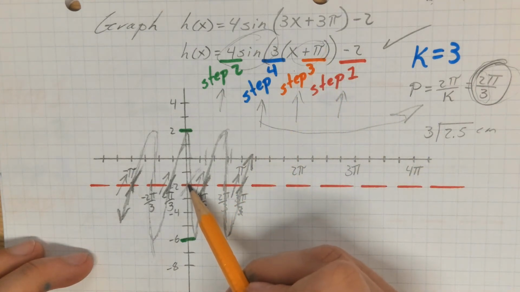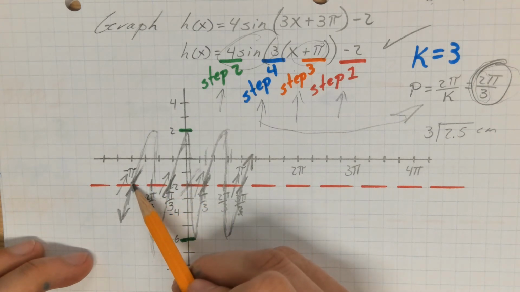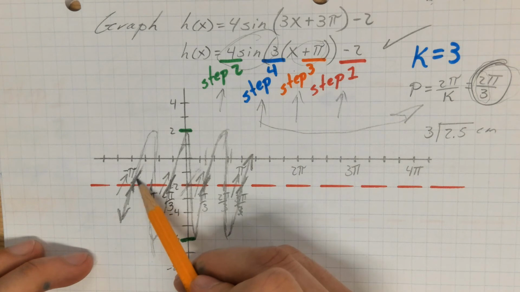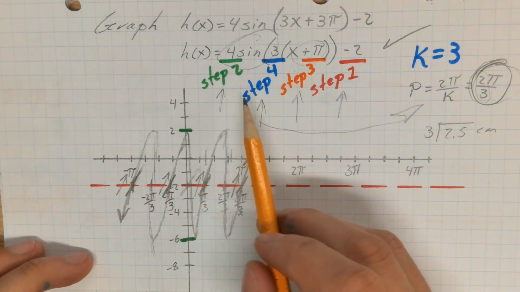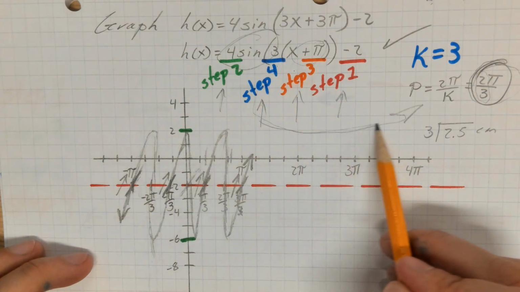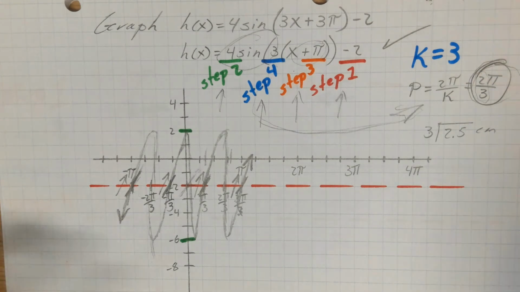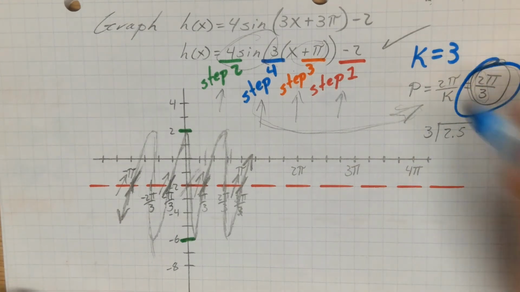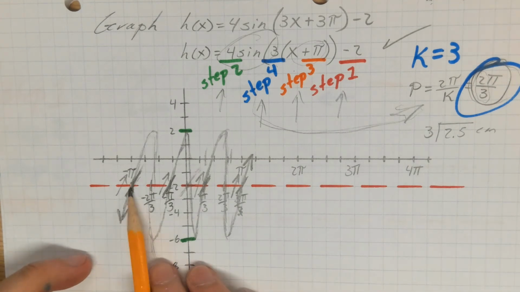I kept it there because it's going to stay there, and then I found the period. So I used k to help me find the period, which we got to be 2 pi over 3. That's my period.